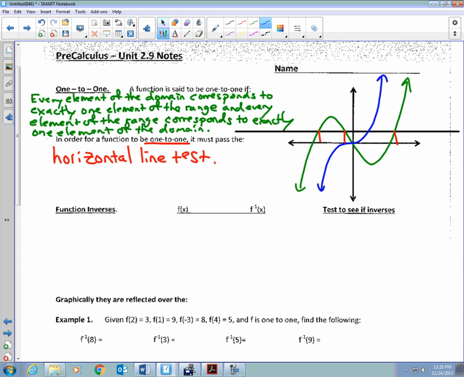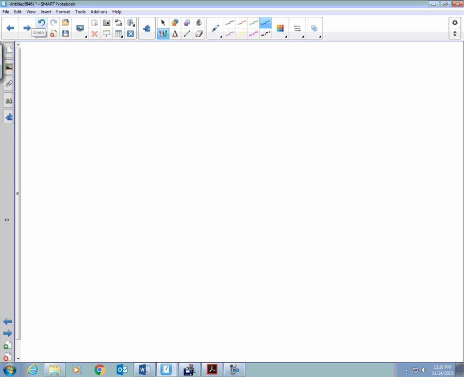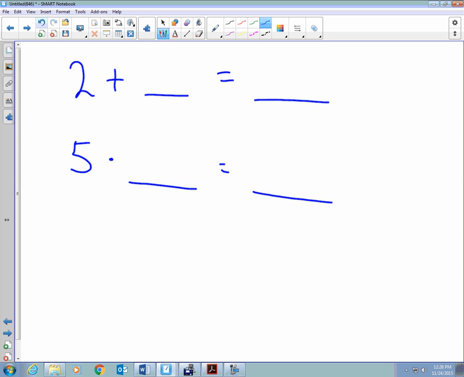Why do we talk about one-to-one? One-to-one is interesting because we have to first define one-to-one before we can talk about inverses of functions. What are inverses of functions? Well, in addition, what is the inverse of positive 2? Negative 2. Therefore, if I add them together, I get 0.